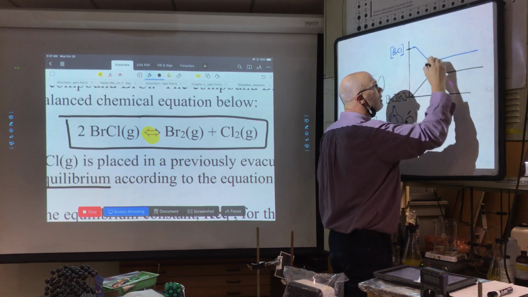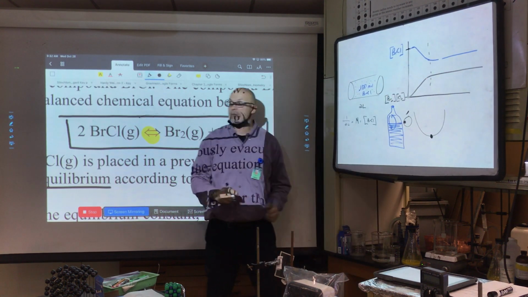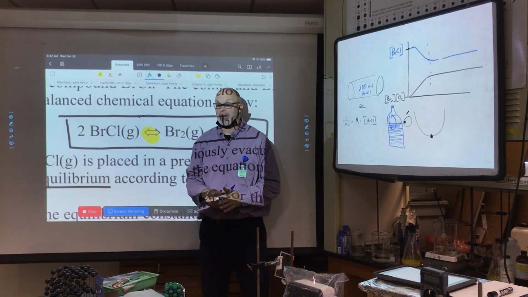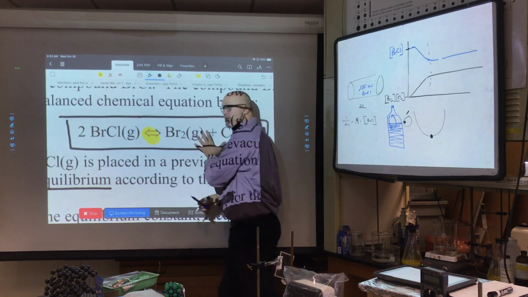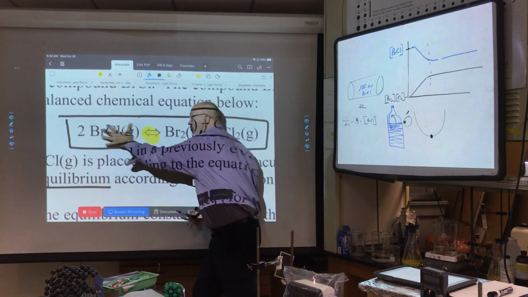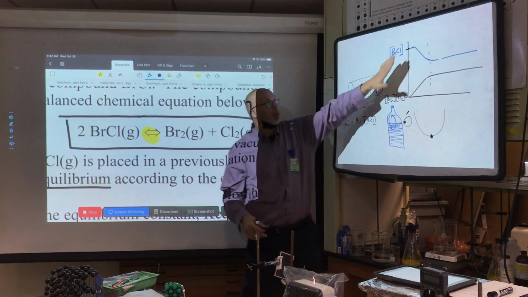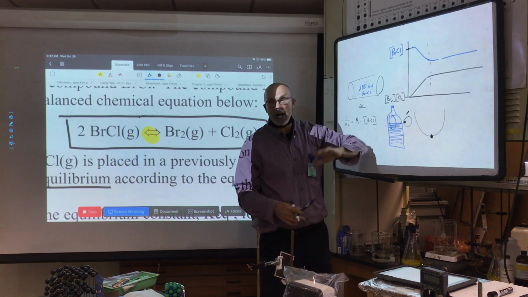And equilibrium is where? Once the amounts stay constant. Doesn't mean nothing's happening. We still have some of this becoming this, but as fast as this becomes this, this replaces it. And that's why it stays constant. So we're not at equilibrium until we get to where these guys level off.